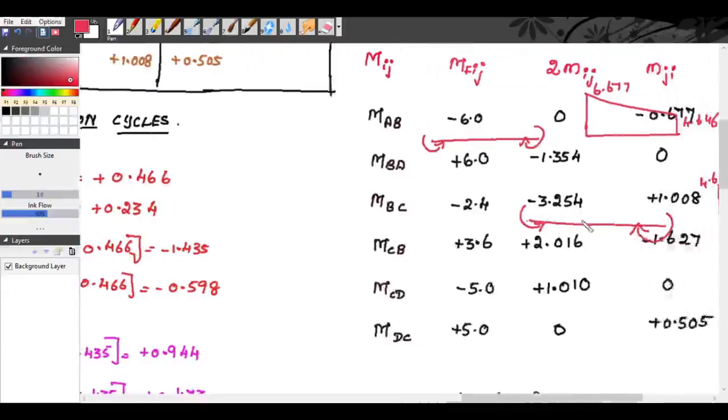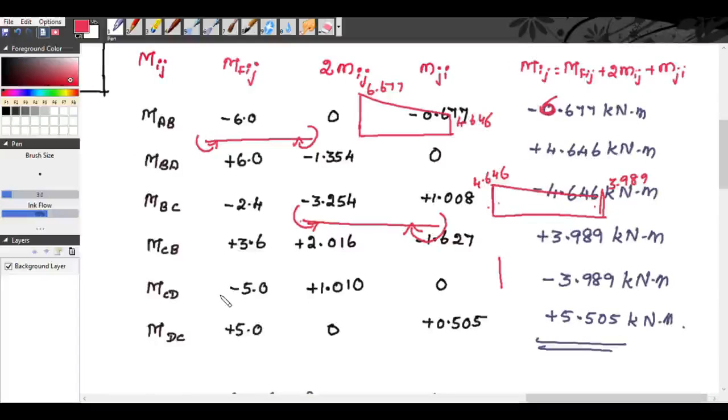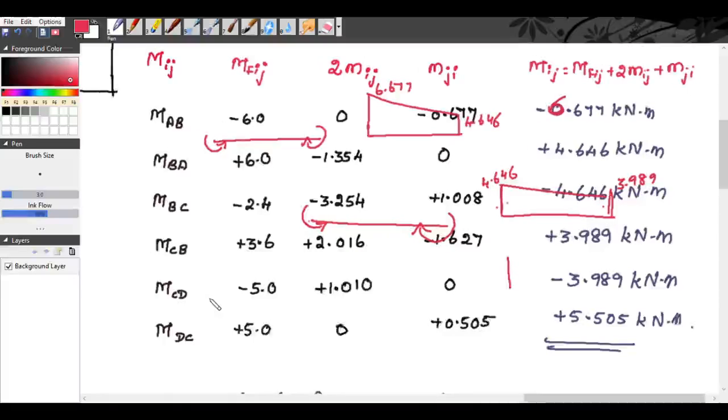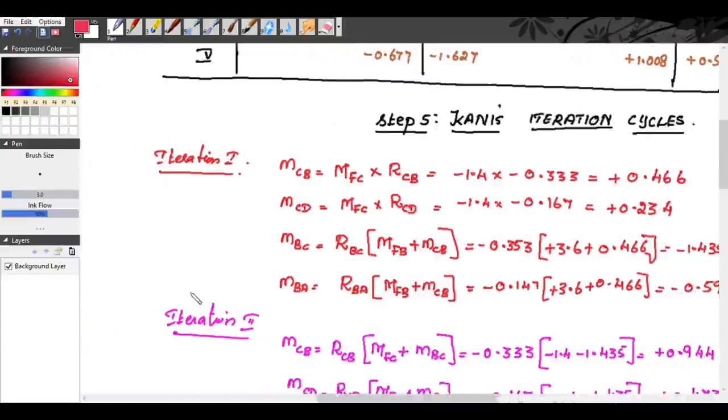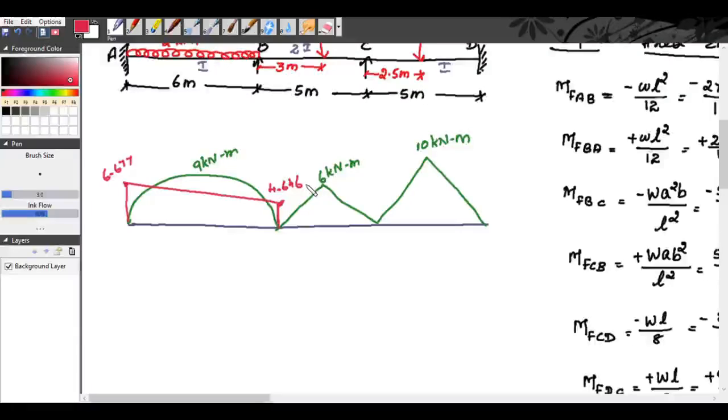In other words, at the supports you have hogging moments. So it is 4.646 and 3.989.